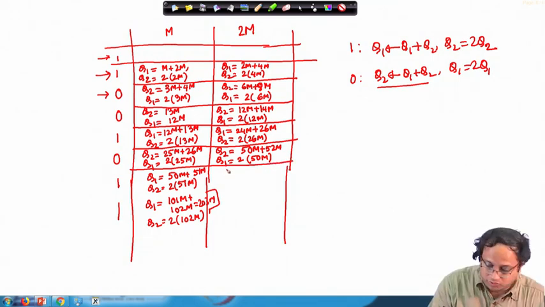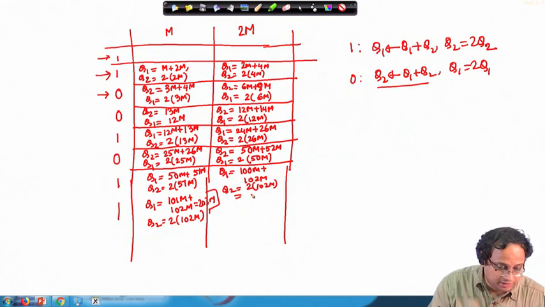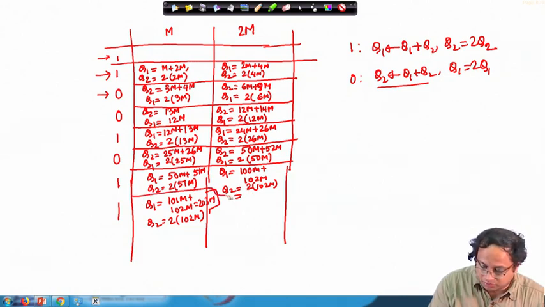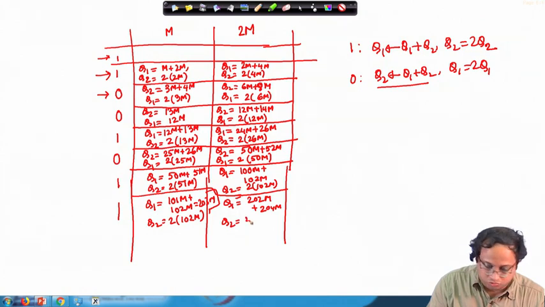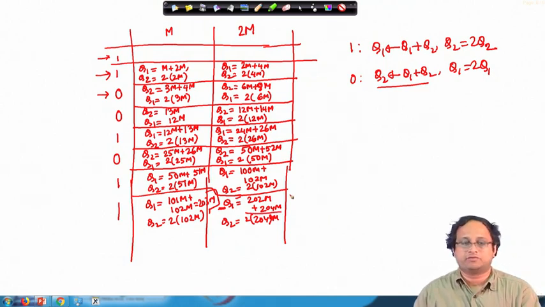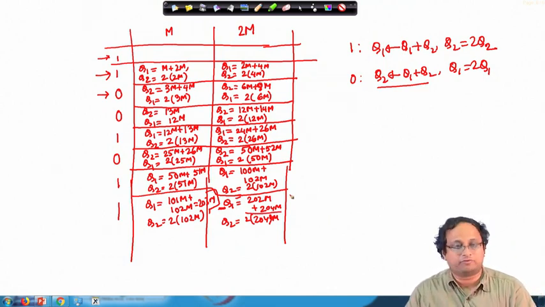So because of this 1 you will have Q1, which is equal to 100m plus 102m, and Q2 is equal to 2 into 102m, and that is obtained at this point. And then finally, right, because of this 1 you have got Q1, which is equal to 202m plus 204m, and Q2 is equal to 2 into 204m, and that essentially means this is your result. Okay, and that essentially is nothing but the result that you want, okay, which is the double of 203m.